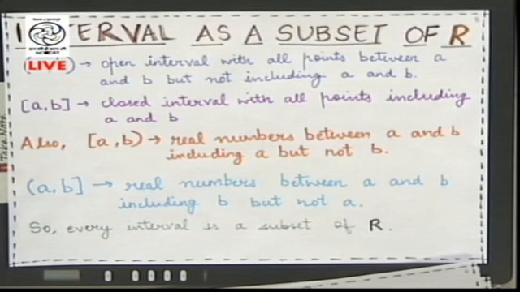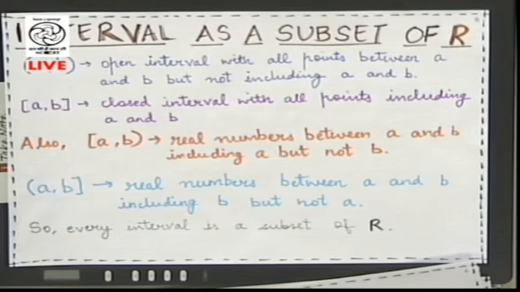Similarly, if both the endpoints are included in the set, we call it a closed interval. So it's a closed interval [0, 1]. Here we have taken some general numbers like closed interval [a, b]. So closed interval [a, b] is the set of all real numbers lying between a and b, with a and b also included in this particular set. So these are the four types of intervals we get. One of the endpoints may not be included and the other endpoint is included.